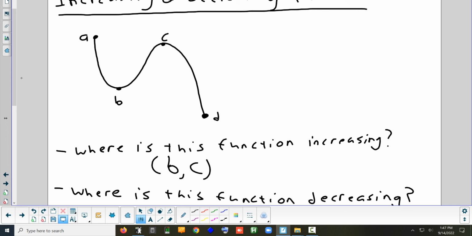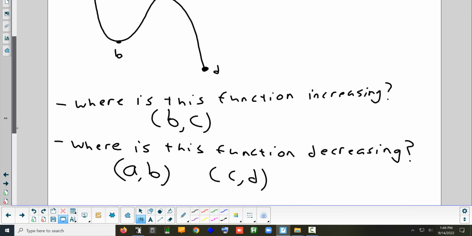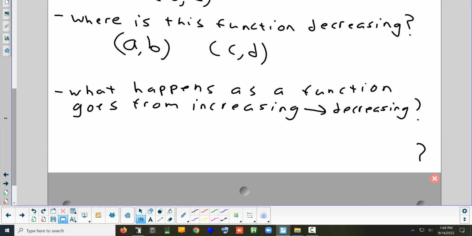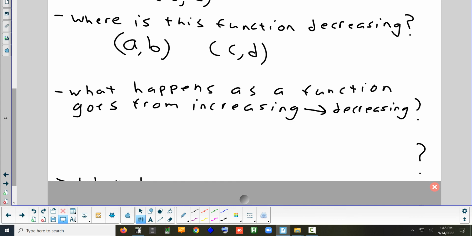You get a what? Yeah, you get a maximum. Anytime a function that's a polynomial goes from increasing to decreasing, you just created a maximum in your function. Whether it's global, whether it's local, I don't know, it depends. But when you go from increasing to decreasing, you get a maximum.